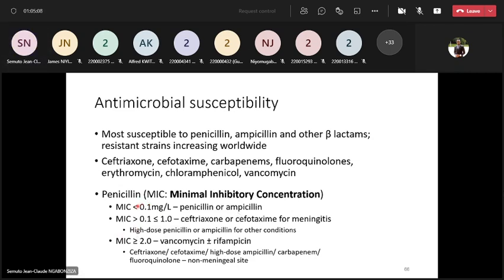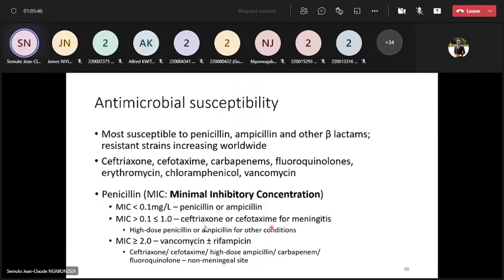So the MIC is linked to the strain that you have isolated. When the growth is completely inhibited by a concentration lower than 0.1 milligram per liter of penicillin, then penicillin and ampicillin can be used. Between 0.1 and 1, you don't use penicillin because it will not be useful, especially in meningitis.